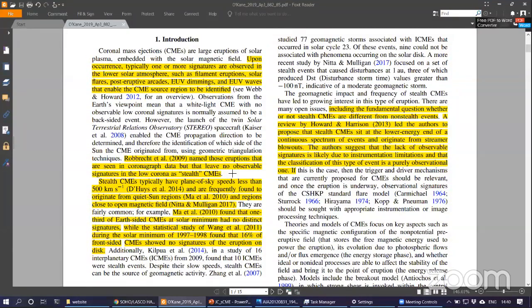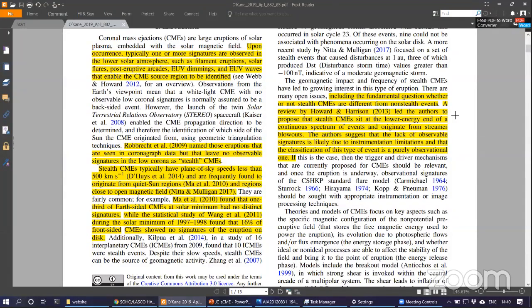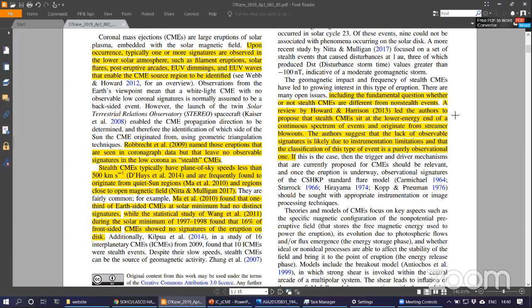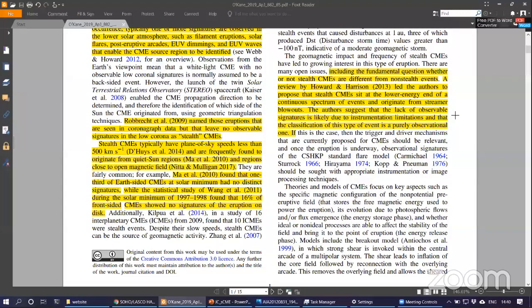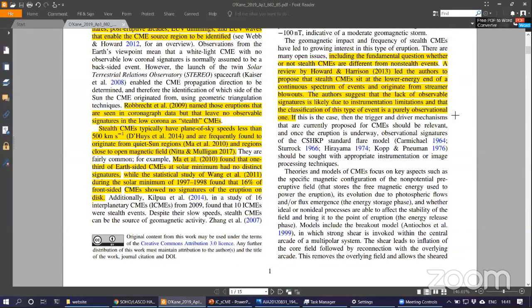People in the past have raised some fundamental questions, like whether these are really stealth CMEs or whether it is limited because of our observations, our resolution, or our image processing. These are questions which have not been solved fully, and these authors have tried to address some of these observational questions.